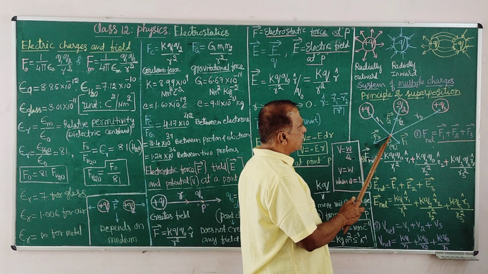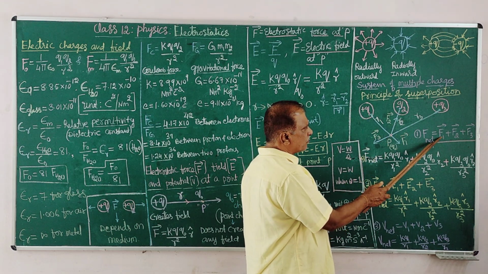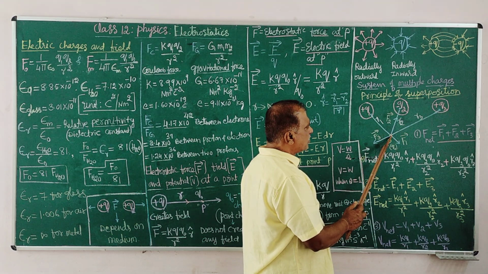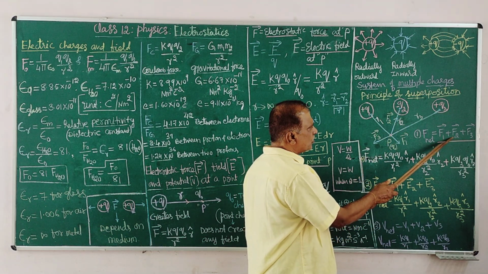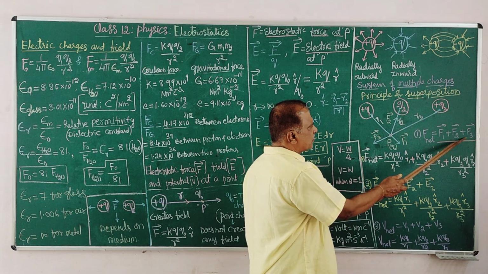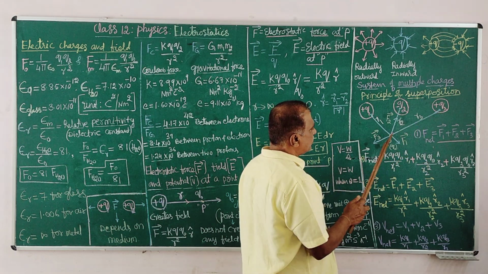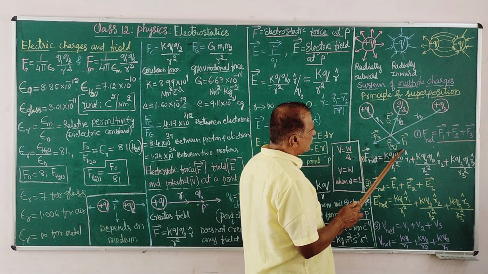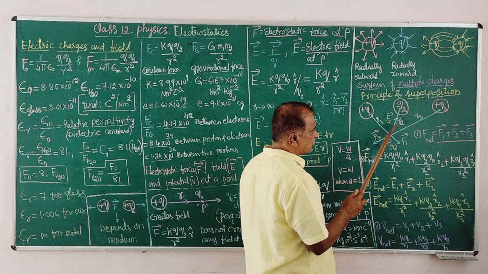the force at this point because of this charge is F1 vector. The force at this point by this charge is F2. The force at this point by this charge is F3. Here, of course, a positive charge gives repulsion, but a negative charge gives attraction.